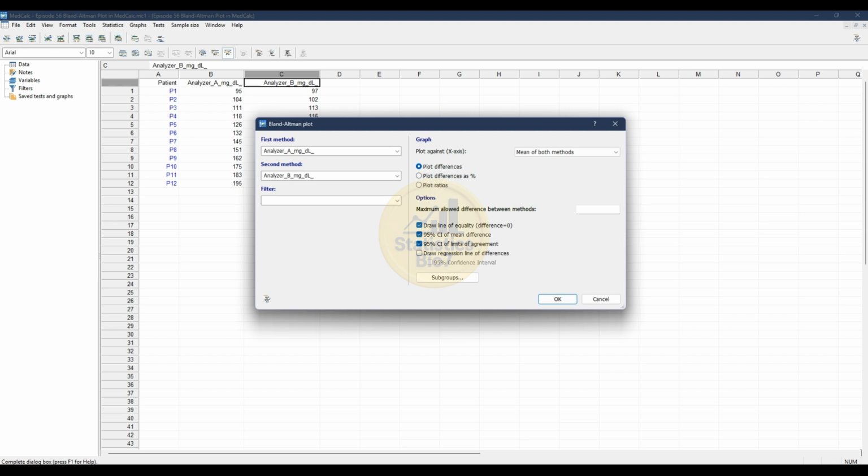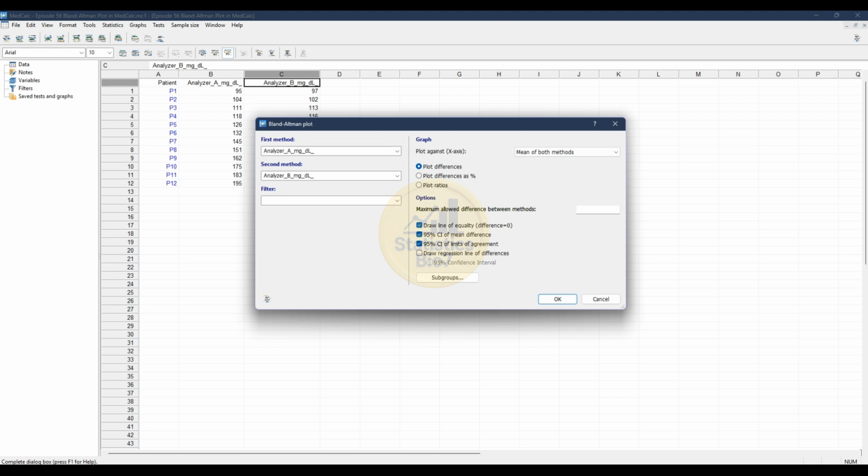The next one is the 95% confidence interval of the mean difference, which displays the confidence interval around the average bias, the precision of the bias estimation. This is also recommended in our experiment. The next one is the 95% confidence interval of limits of agreement, which adds the confidence interval for the upper and lower limits of agreement, highly recommended in this experiment.